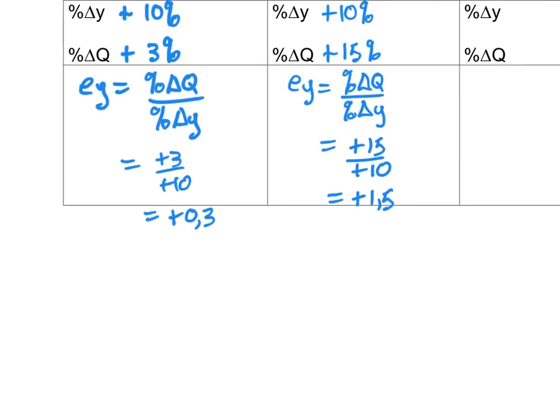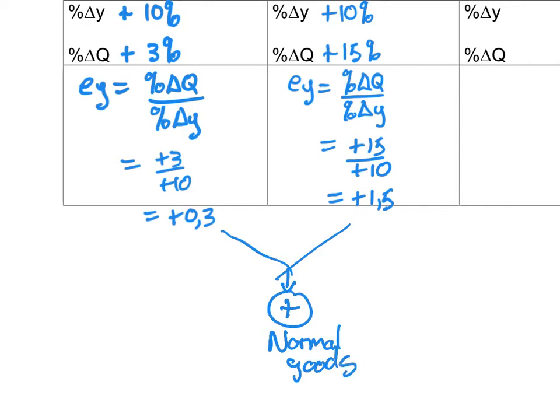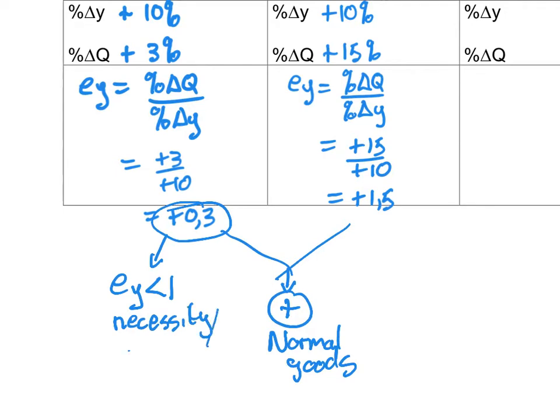Now what you will notice in this case is that for both of these goods, the coefficient value is positive. That tells us that they must be normal goods. In the case of soap, the coefficient value is positive, but it is less than 1, so we know that this is a necessity, also known as an essential good.